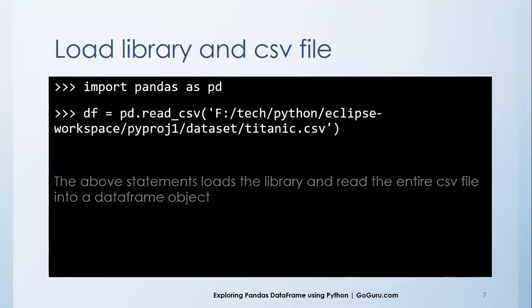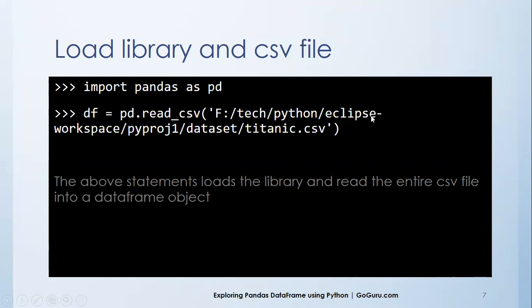Okay, moving on. Now that we are inside the interactive Python mode, all we need to do is load our library, the Pandas library. This will help us issue all the commands that we want from Pandas. And the first command that we are going to do is, using the Python pandas module, I want to read my CSV into it.